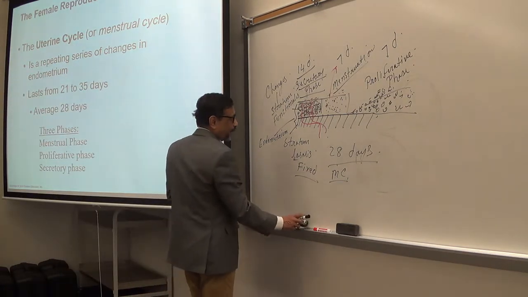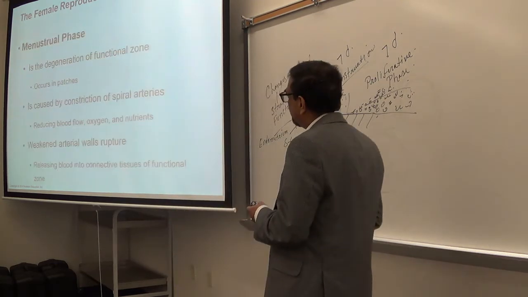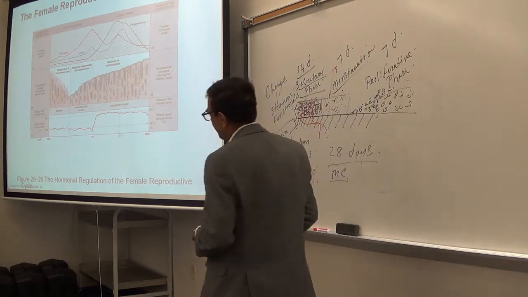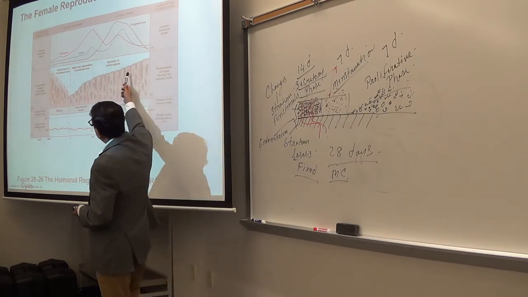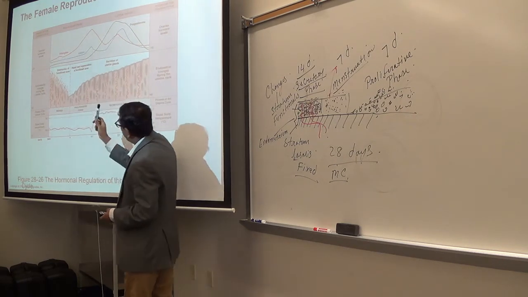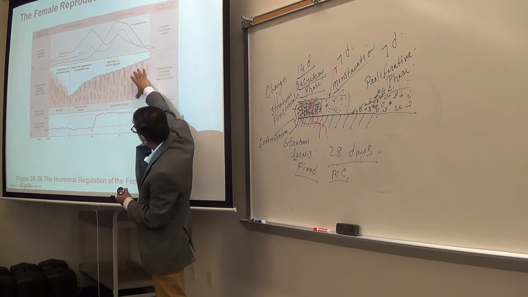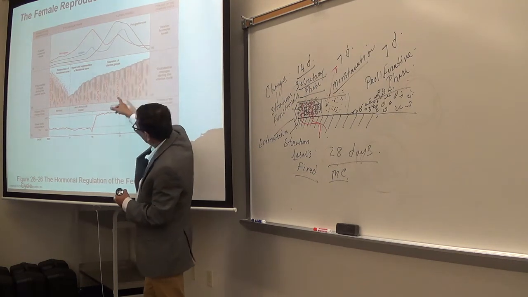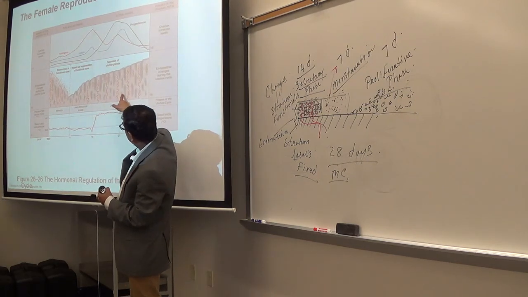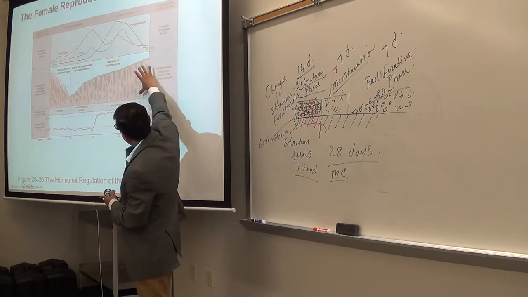Now, if you see here, this is the secretory phase, 14 days. What happens during this part, you see a thick soft bed, the functional layer, with a lot of blood supply and a lot of glands. These glands secrete a lot of fluid and nutrition.